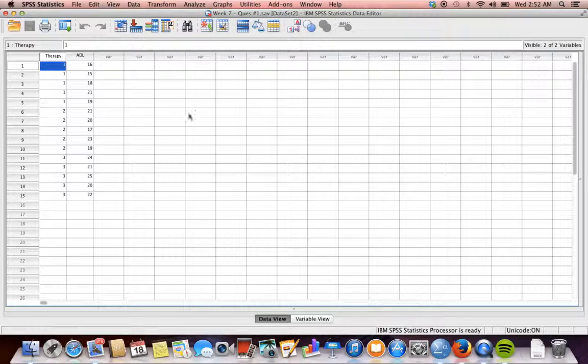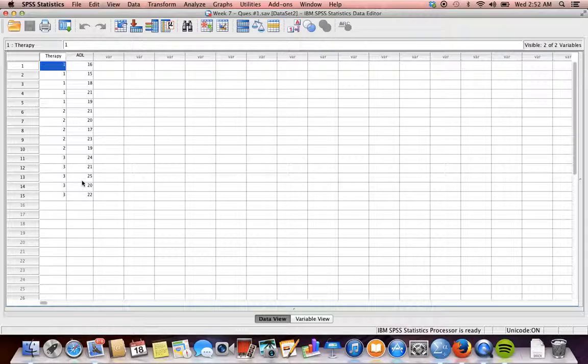If you go back here and look at your page 2, for group 1, you're going to enter the number of daily activities: 16, 15, 18, 21, and 19. Now group 2 starts with 21, 20, 17, 23, 19. And then group 3 starts with 24, 21, 25, 20, and 22.